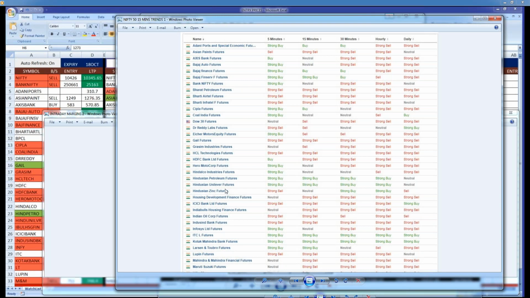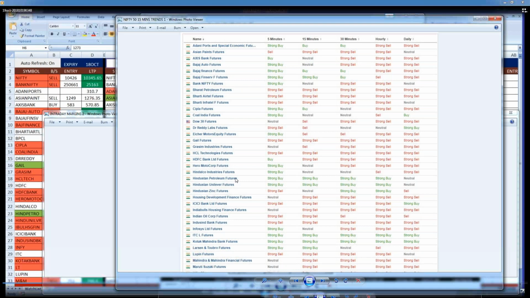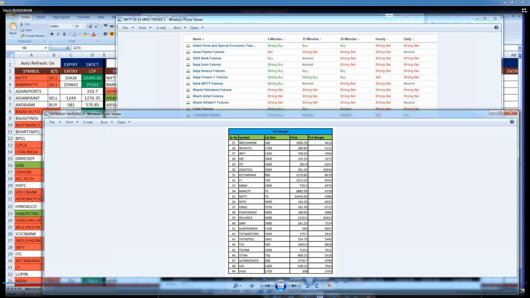So if you can trade around 5 or 10 trades on a particular day, and with very low risk, I don't think making 10,000 rupees every day is a very difficult task. It's never a difficult task. We have been doing this all the time, so it'll never be a risk.